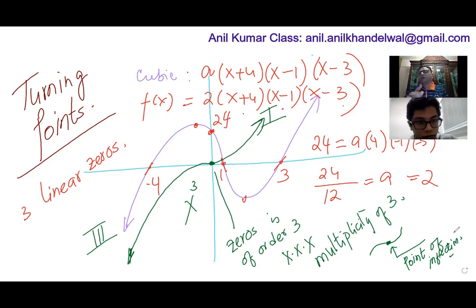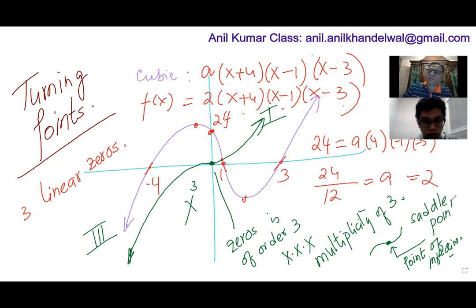Next year in calculus, you're going to study this point as a point of inflection, and it is also called a saddle point. It looks like a saddle on a horse, right? So many times we do refer to this point as a saddle point.